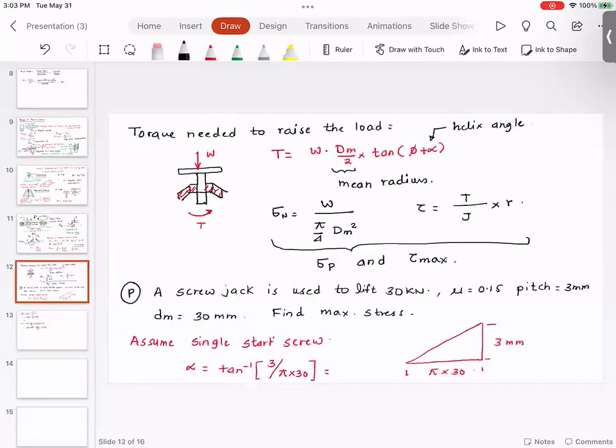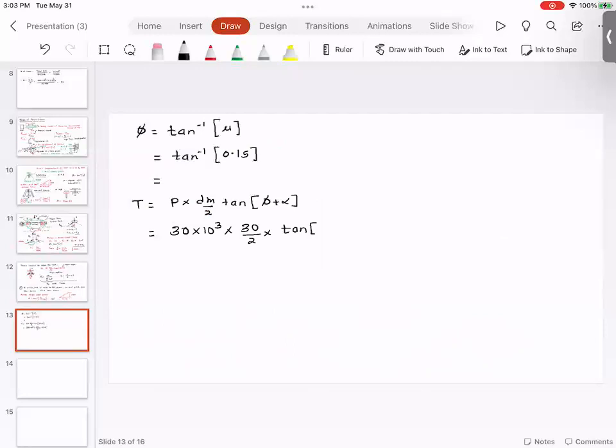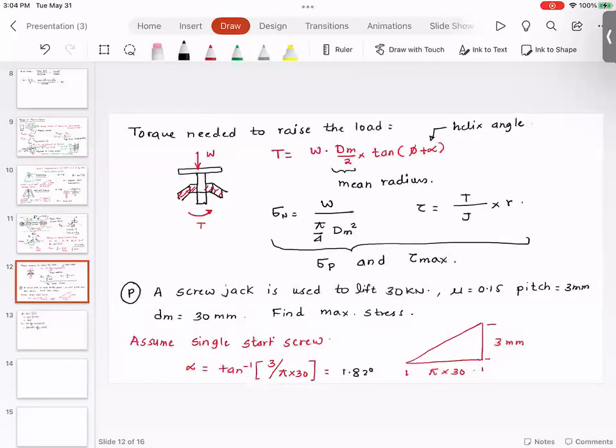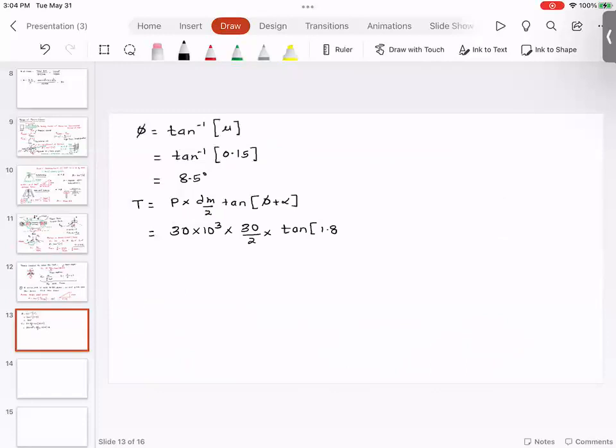Alpha I got is 1.82 degrees, and phi I got 8.5. So 1.8 plus 8.5, that gives me the value of torque, which is 82 Newton meter.